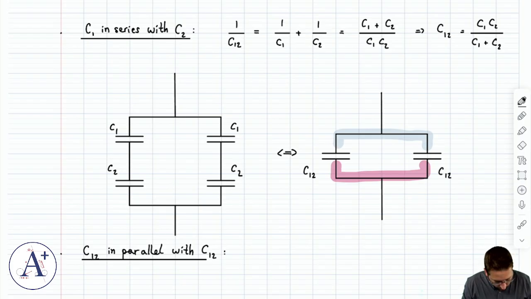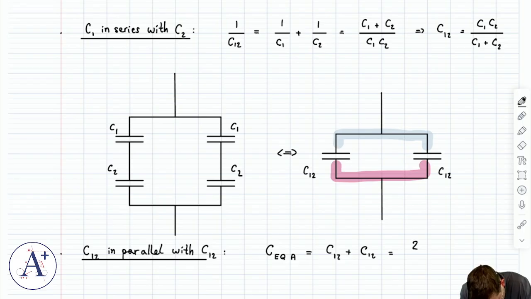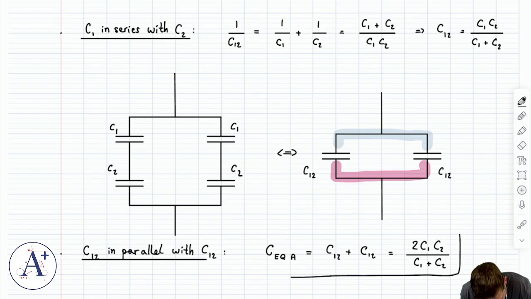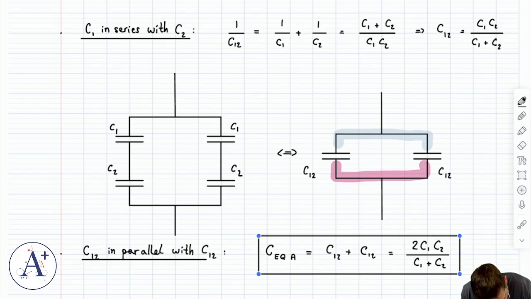So the capacitor that I'm going to get is going to have a capacitance C equivalent. I'm going to call it C equivalent A for configuration A. And it's going to be C12 plus C12. It's going to be 2 C1 C2 divided by C1 plus C2. And I'm just going to box it even though nobody asked me to really find that.